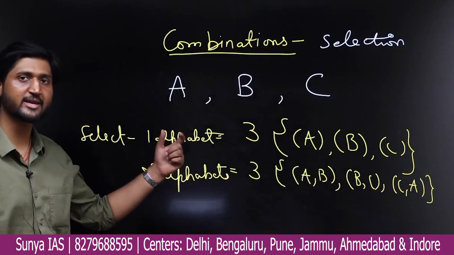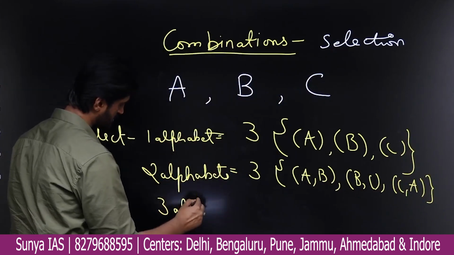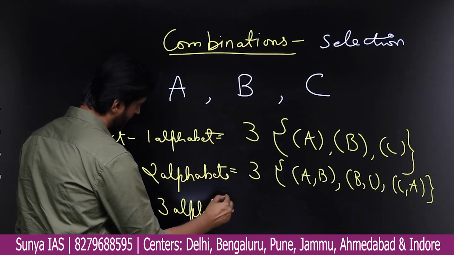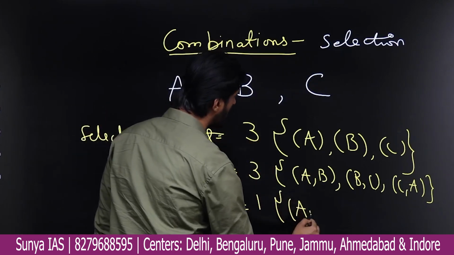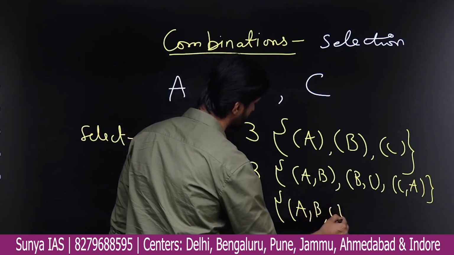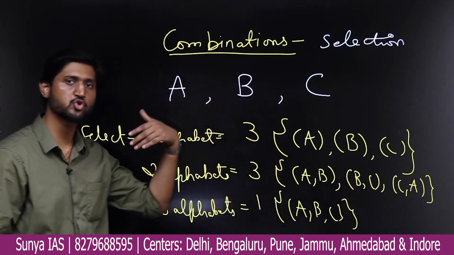Finally, if I have to select 3 alphabets, there is only one option, which means you have to select all the 3 alphabets together. This is a simple approach of doing the same thing.